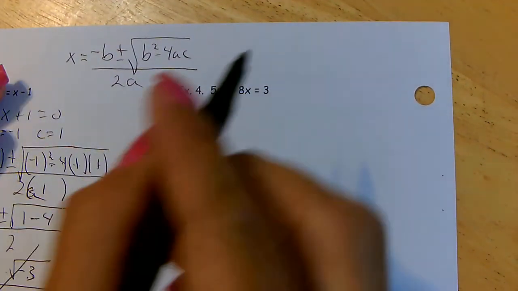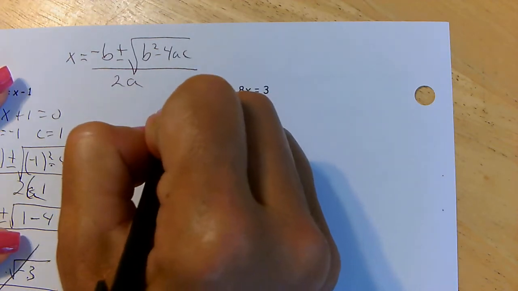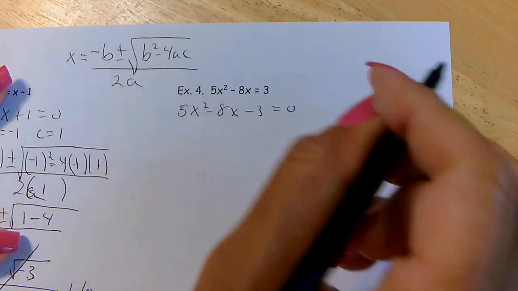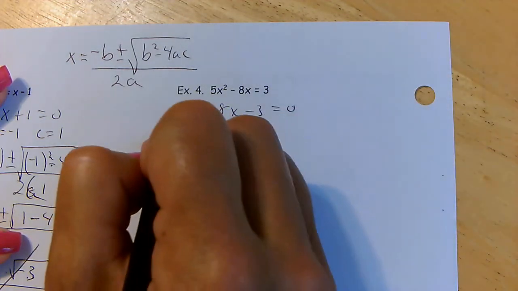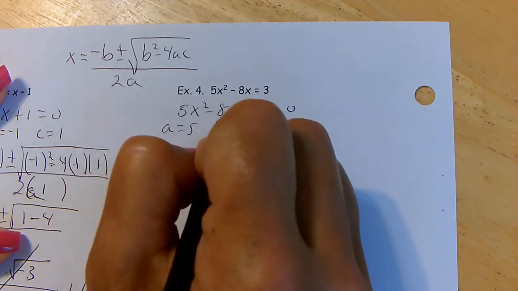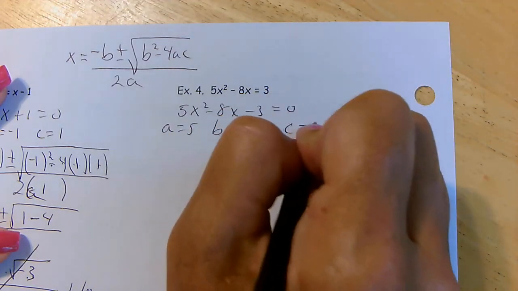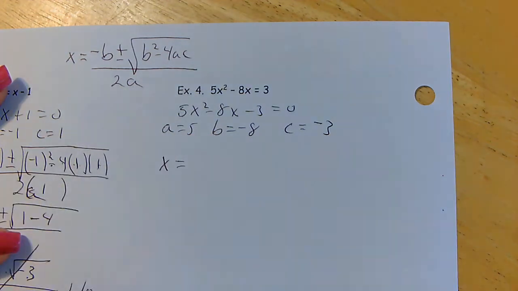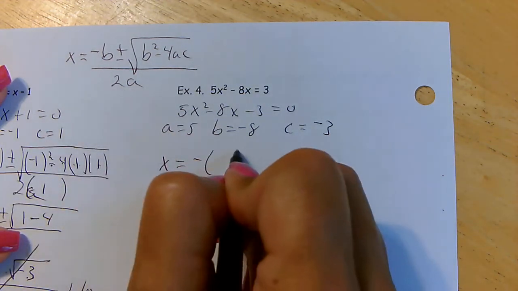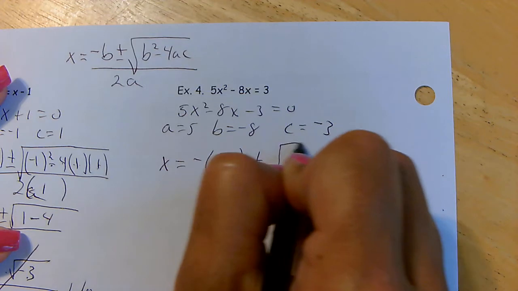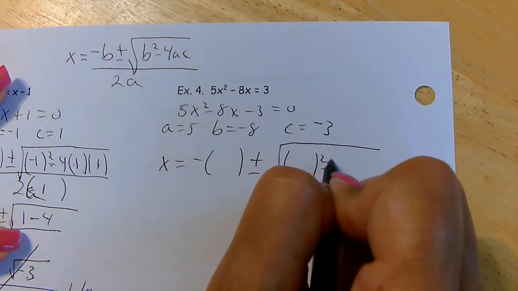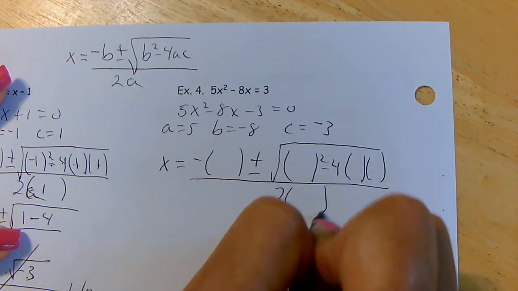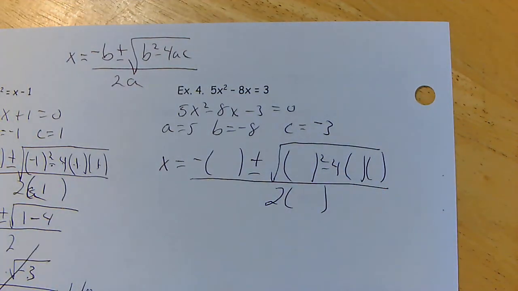Go up to here. I'm going to bring the 3 over. A is +5, B is -8, C is -3. Plug in my A, B's, and C's.